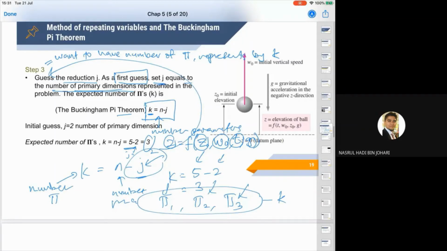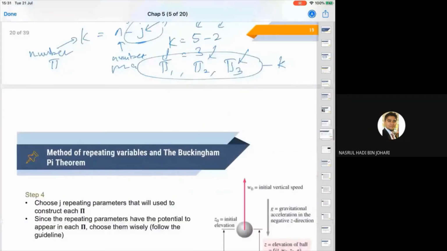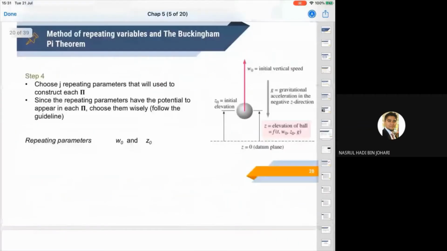Okay, remember, whenever we have 3 pi's, it's still not step number 4. Before we touch step number 4, remember when we said ada 3 pi, it's actually pi 1, pi 2, and pi 3. Remember I said yesterday, pi 1 is what? Dependent pi, meaning it depends on another pi.